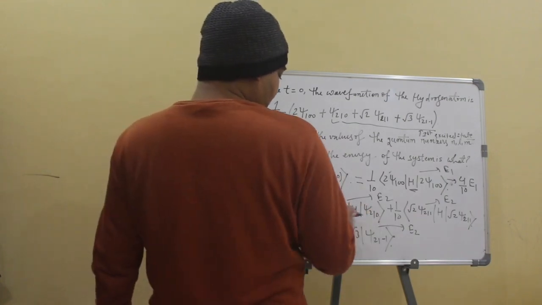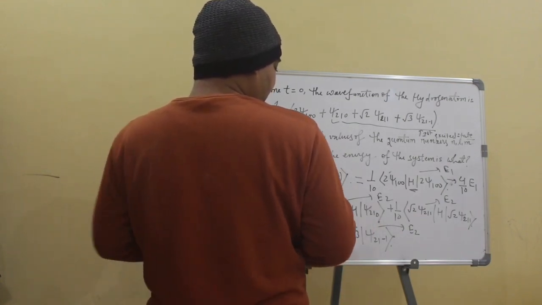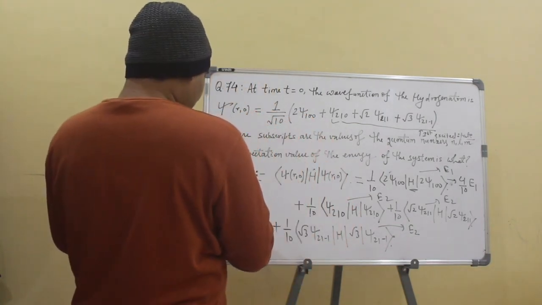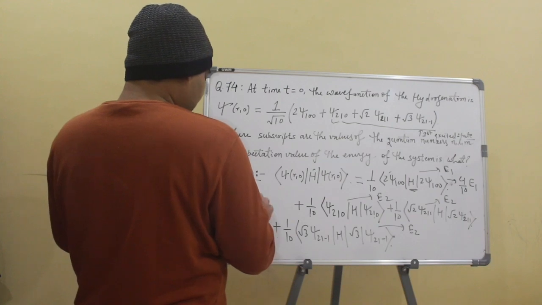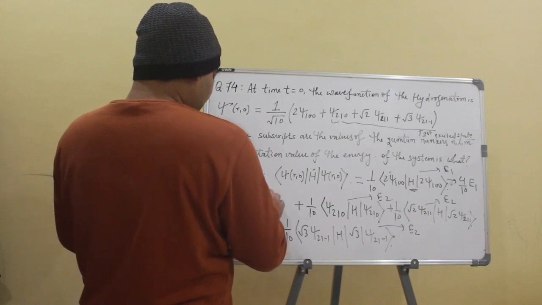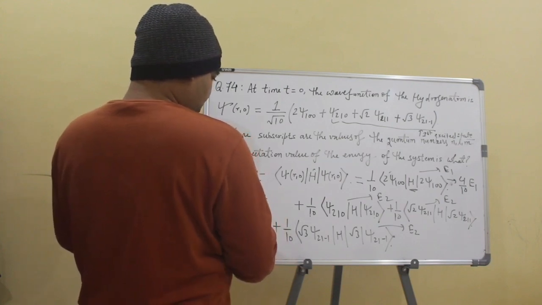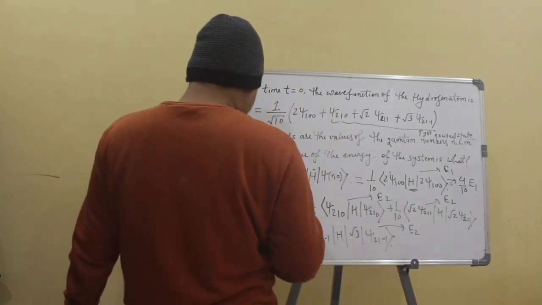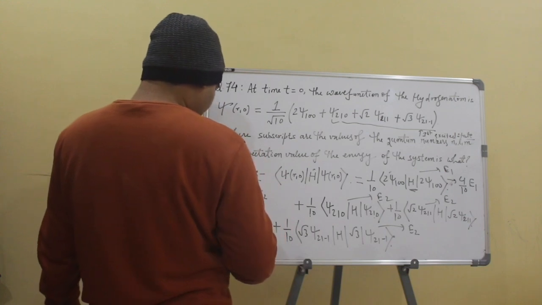This is giving you 1 by 10 E2. So just write it: 4 by 10 E1 plus 1 by 10 E2 plus, here, root 2 and root 2 coming out is 2 by 10 E2.